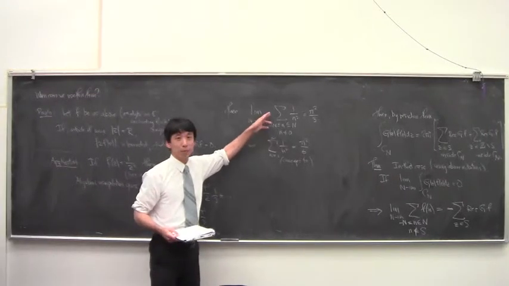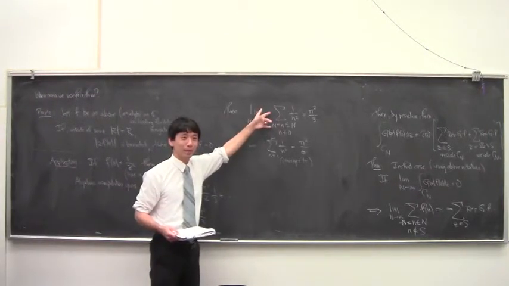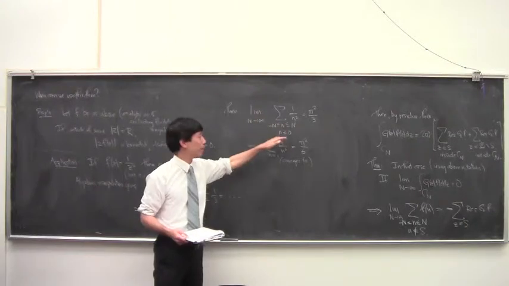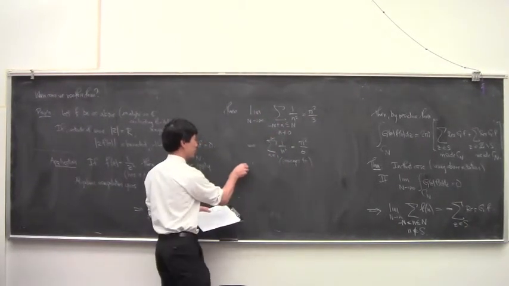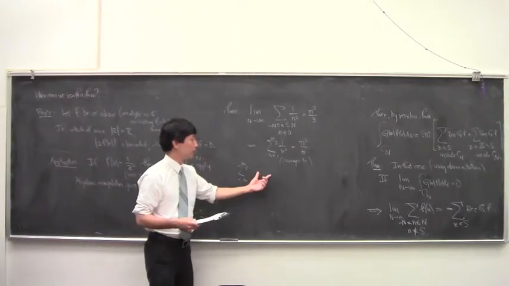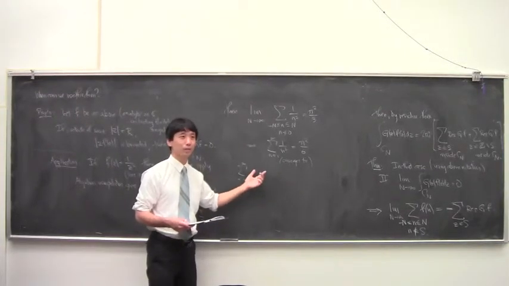So same warning as before. This is sort of like a principal value sum, akin to the principal value integral. Its convergence doesn't necessarily imply the convergence of the true sum, for which you would need the sums from 0 to infinity and from negative 1 to negative infinity to converge.